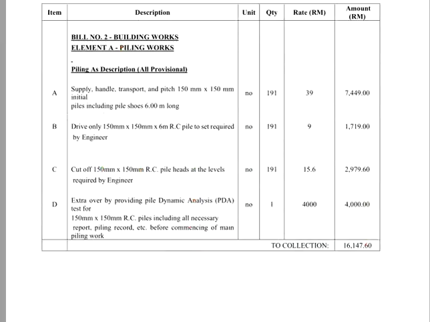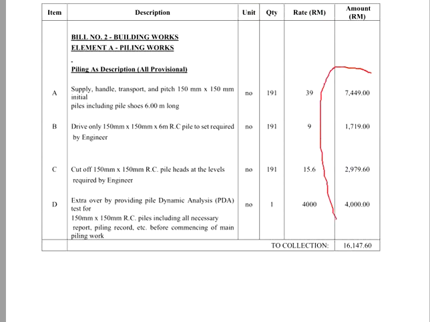In the bill of quantities, there are breakdowns for the foundation works, giving you the quantities as well as the rate. The relevant cost will be calculated by multiplying the quantities with the rate.